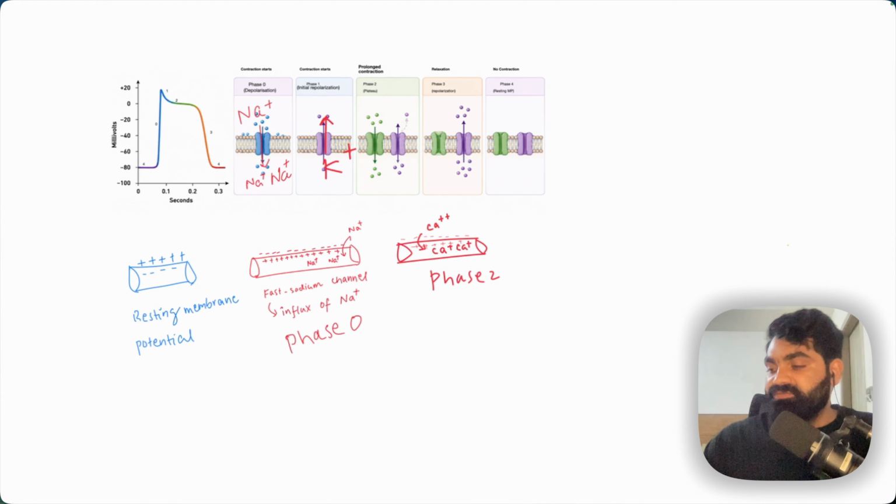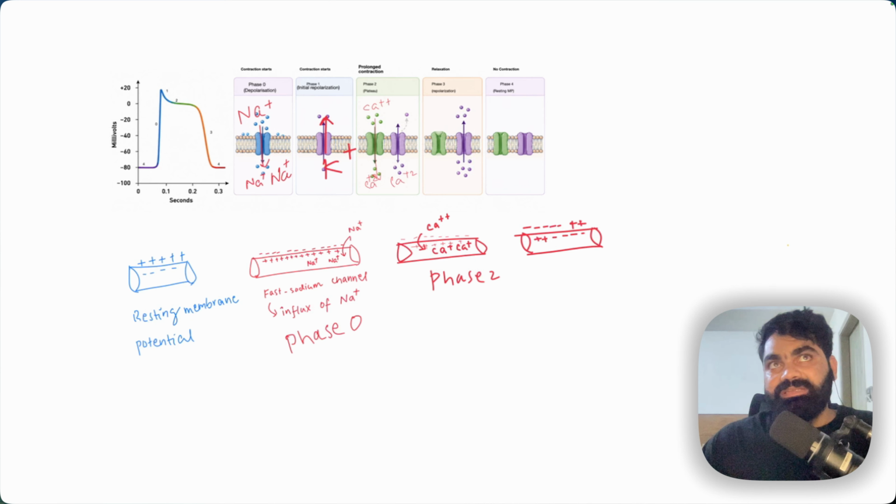I hope you remember which ions are responsible. Calcium ions are responsible for the plateau. As we can see here, a lot of calcium is inside the cell.